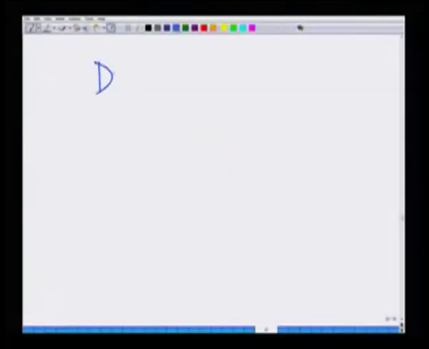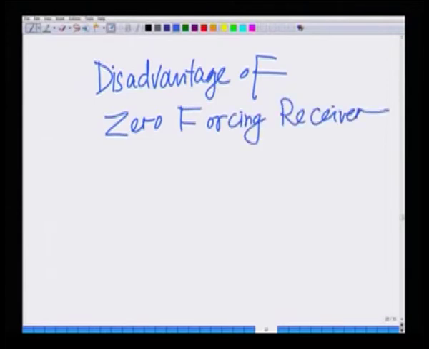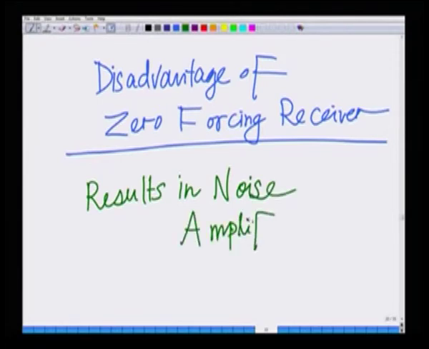So, let us write the disadvantage of the zero forcing receiver. The disadvantage of the zero forcing receiver is that it results in noise amplification.